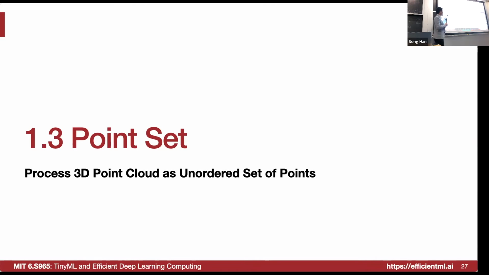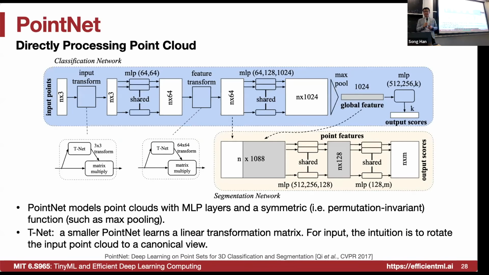That comes to the point set, which is to process the 3D point cloud as an unordered set of points. This is a very famous work called PointNet, which directly processes the point cloud using an MLP, the multi-layer perceptron.